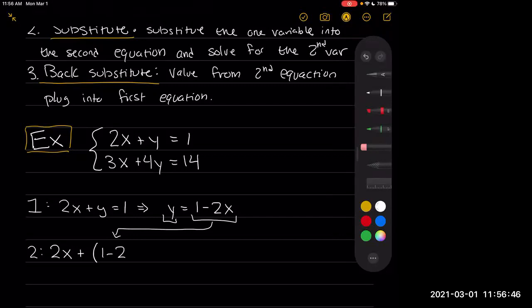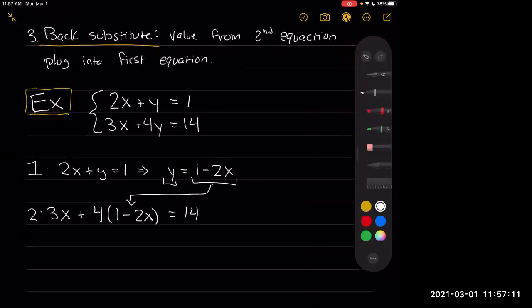I was plugging into the original equation we have. We need to plug it into the second equation. So what that means is we're going to take our 3x plus 4, and now we're going to plug this in for y, 1 minus 2x, equals 14.